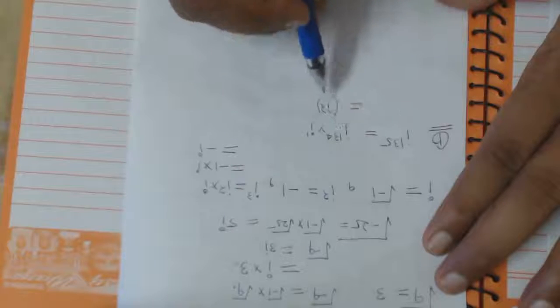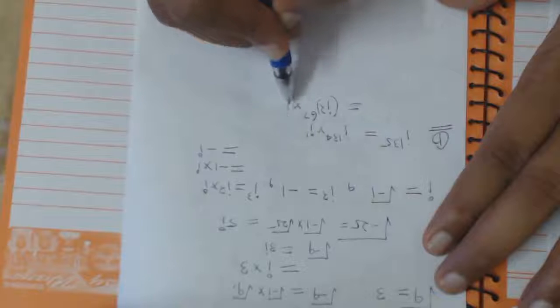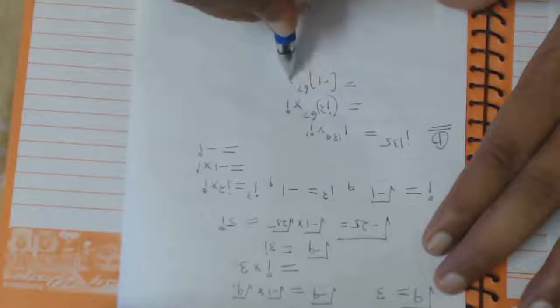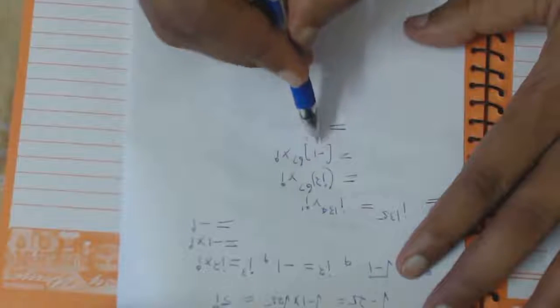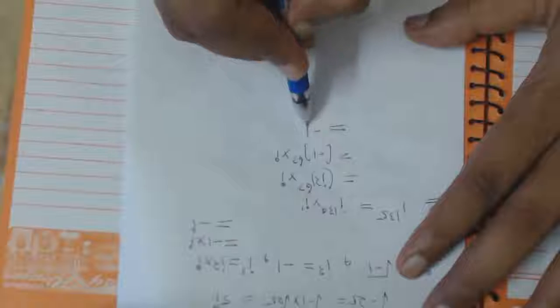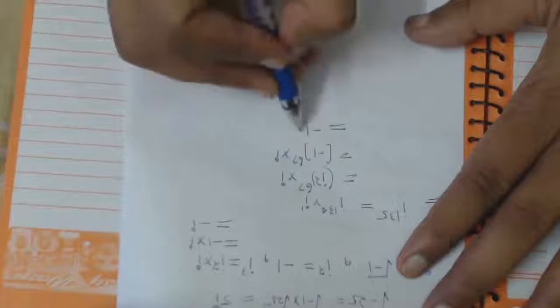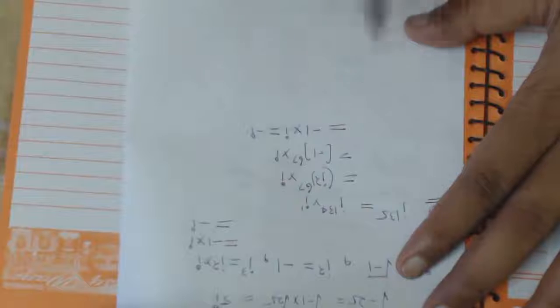So it will be iota square raised to the power 67 into iota. Iota square is minus 1, so minus 1 raised to the power 67 into iota. You very well know for all odd powers of minus 1 the answer is minus 1, and for all even powers of minus 1 the answer is plus 1. So minus 1 into iota gives you minus iota.